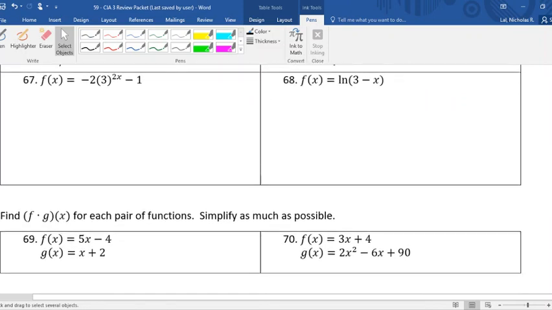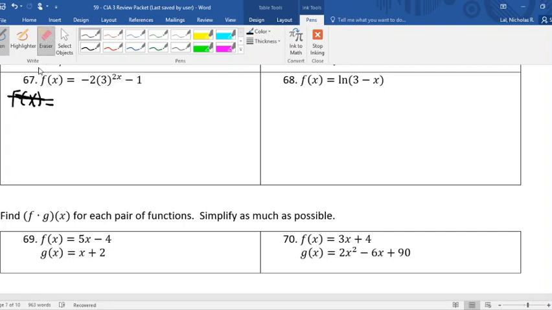Problem 67. F of x is equal to negative 2 times 3 to the 2x power minus 1, which means f of x is going to be equal to negative 2 times 3 to the 2x minus 1. So to find the inverse, we're going to have to switch the x's and the y's.